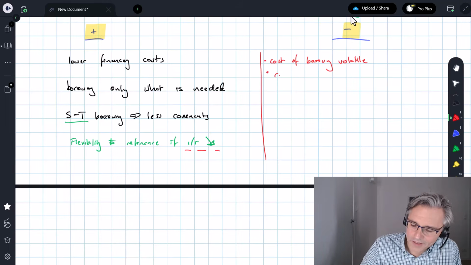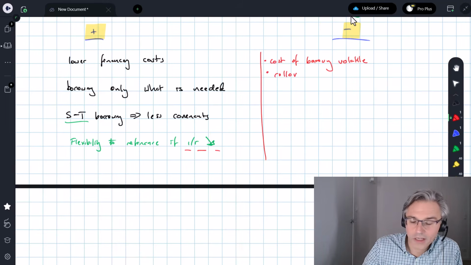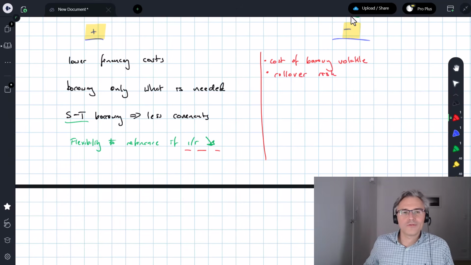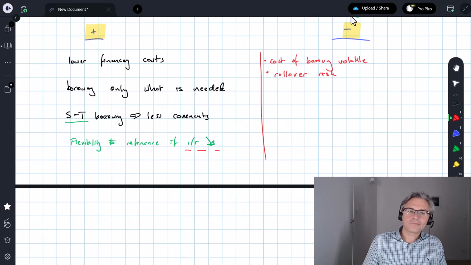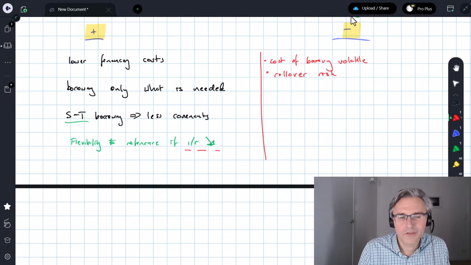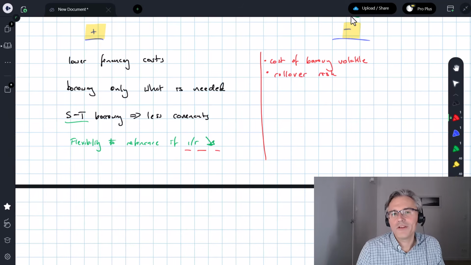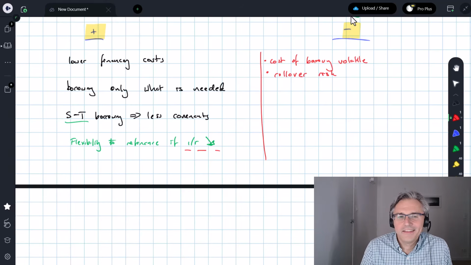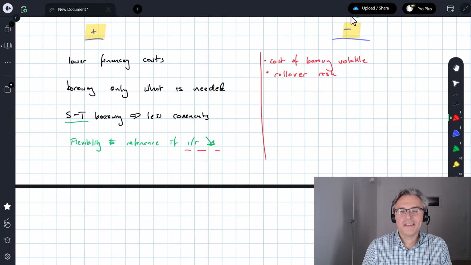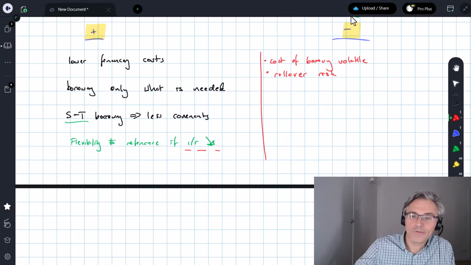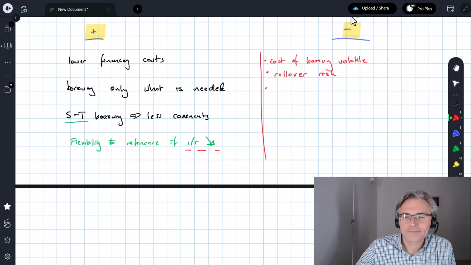We face the risk of rolling over, so rollover risk, if you're borrowing short-term funding from a bank or from the markets, for example by issuing what we call commercial paper, and then people may stop wanting to buy your commercial paper, in which case you can't roll your debt over effectively.